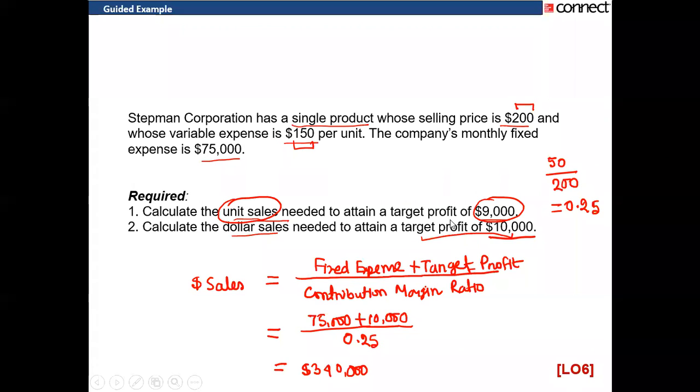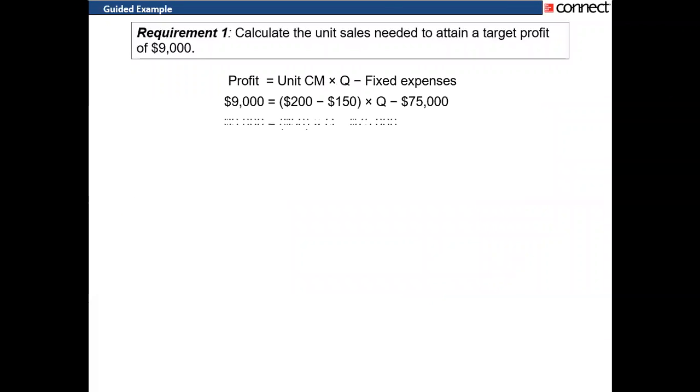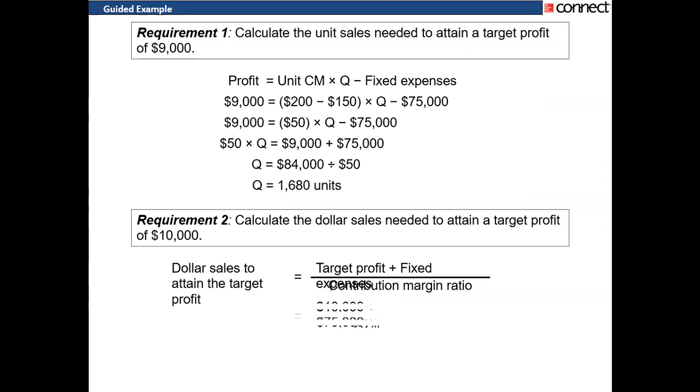So we have fulfilled the two requirements. Let's check whether we have done it properly. In the first requirement, we found 1,680 units. In the second requirement, we solved it for $340,000. These are the solutions you see on the screen.